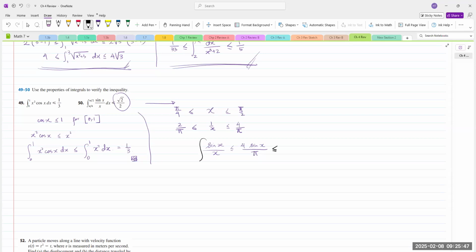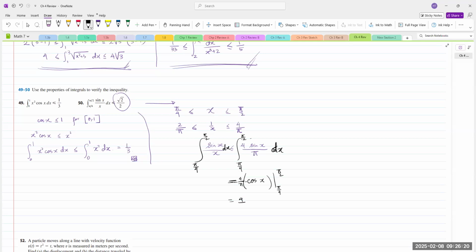I want to say that if I integrate this later on, from pi over 4 to pi over 2, this will be negative cosine x. Oh, I forgot the 4 over pi of negative cosine x from pi over 4 to pi over 2.